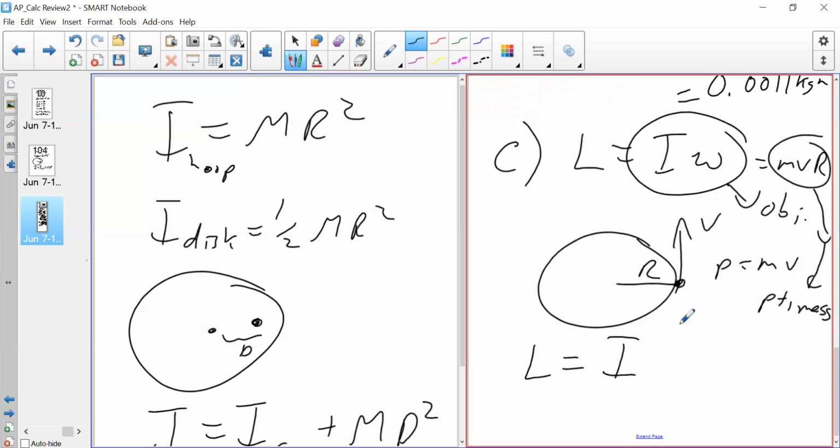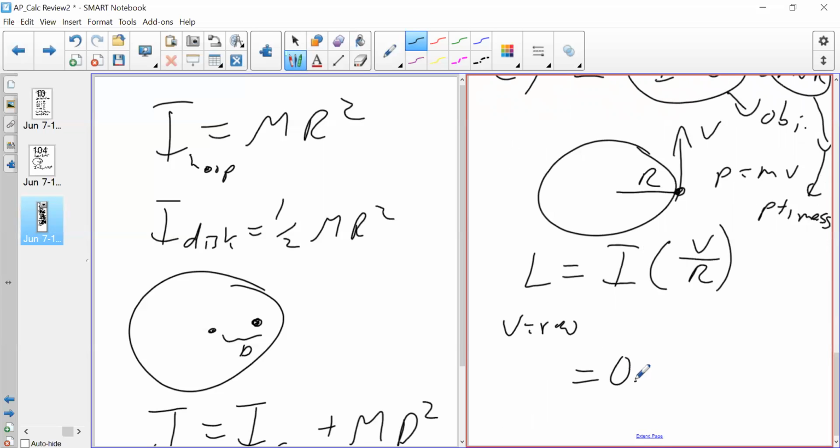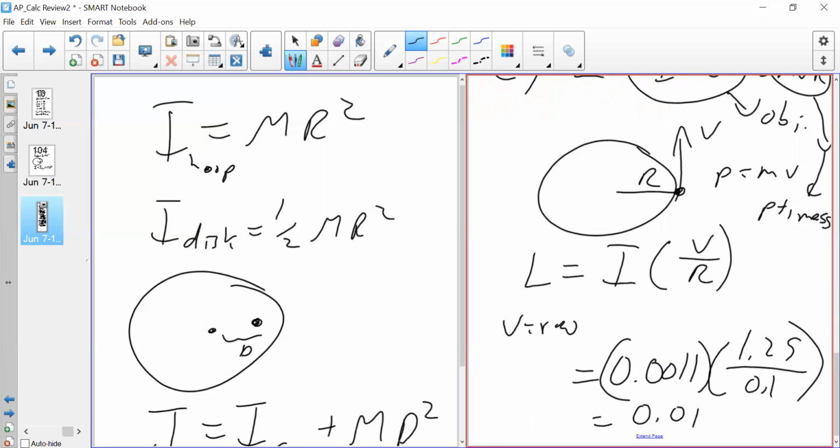Omega we don't know offhand, but we know that omega is V over R because we checked our equation sheet: V equals R omega. So that becomes 0.0011 times 1.25 over 0.1, which equals 0.01375 kilogram meter squared per second.